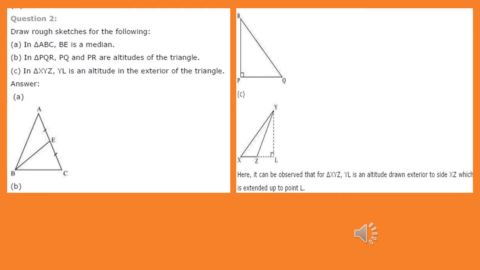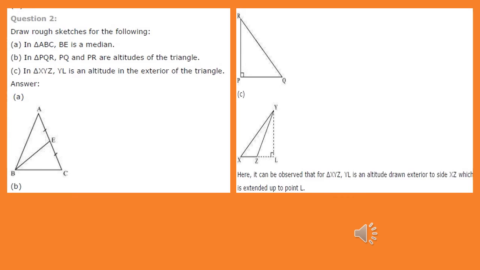Part B, in triangle PQR, PQ and PR are altitudes of the triangle. So you are drawing a triangle PQR, and PR is an altitude and PQ is also an altitude. So it's a right angle triangle. Part C, triangle XYZ, here YL is an altitude in the exterior of the triangle.